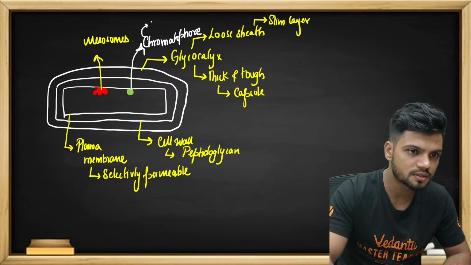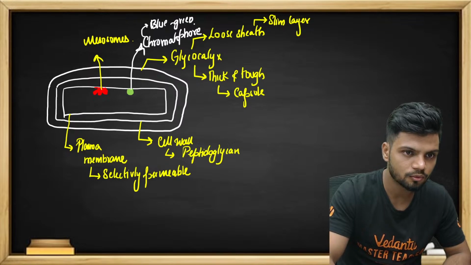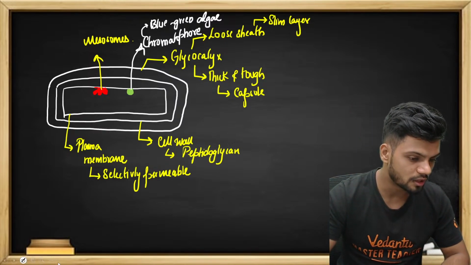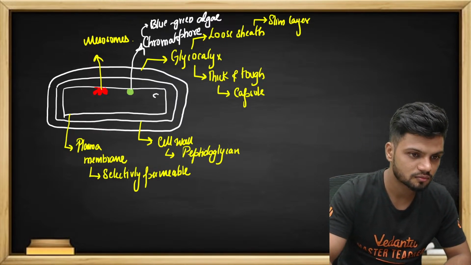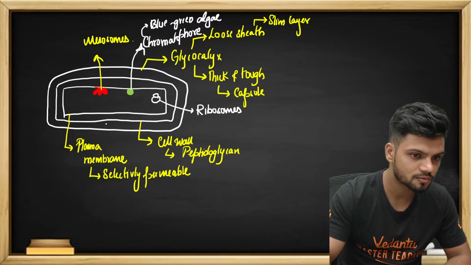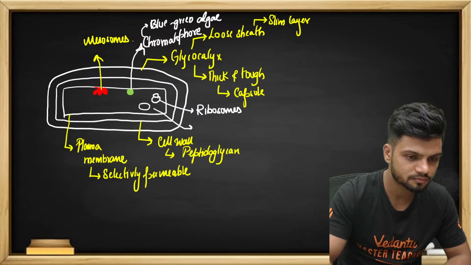This chromatophore is seen in blue-green algae. Do they have ribosomes? Yes, they have ribosomes. Do they have vacuoles? Some amount of vacuoles? Yes, they have vacuoles.